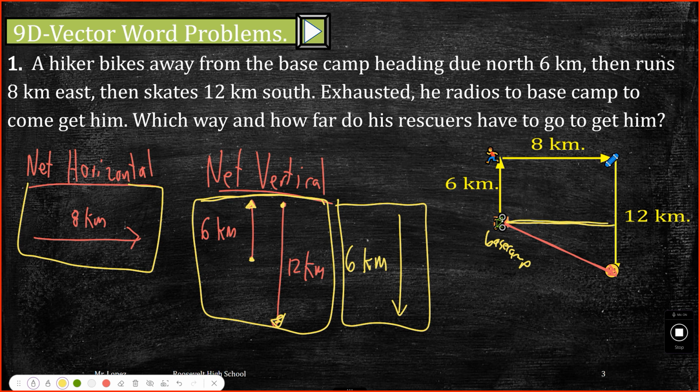This is 8, and it went that way. And then it went 6 kilometers, so this better be 6 right here. But it's not. It should be 6 kilometers. It's half. It should be half.